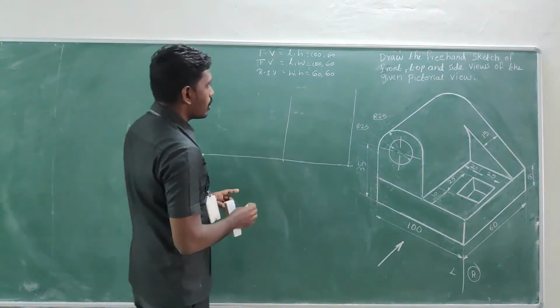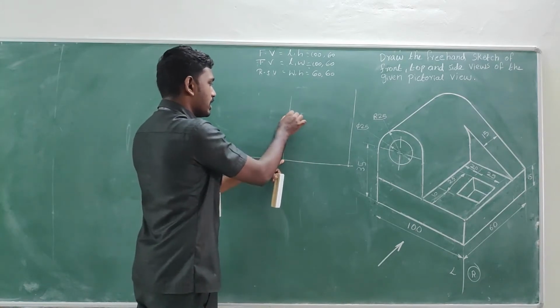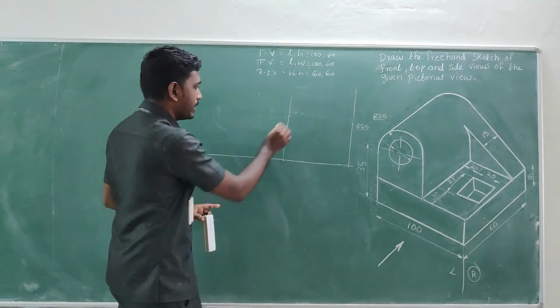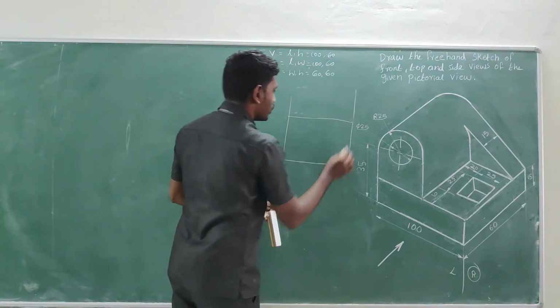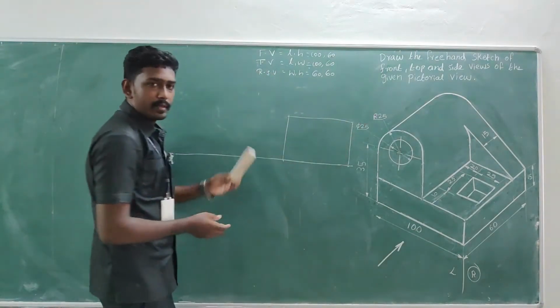What about the height? 60. From this end measure 60 mm height, and from this end measure 60 mm height and go for a horizontal line. So we get the boundary for the front view.